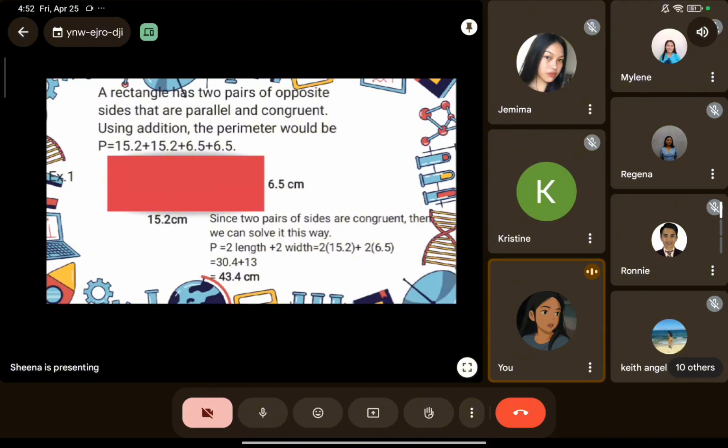The answer is 30.4. Next is 2 times 6.5, which is 13. Then we add 30.4 plus 13. Our answer is 43.4 cm. So do you understand? Okay, next slide please.